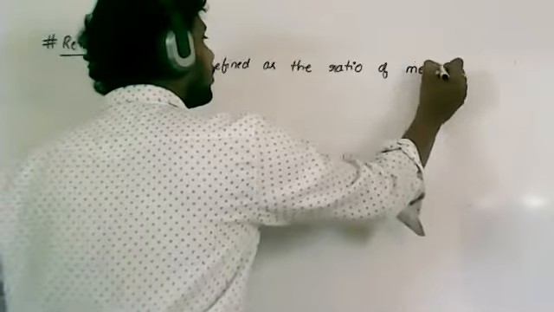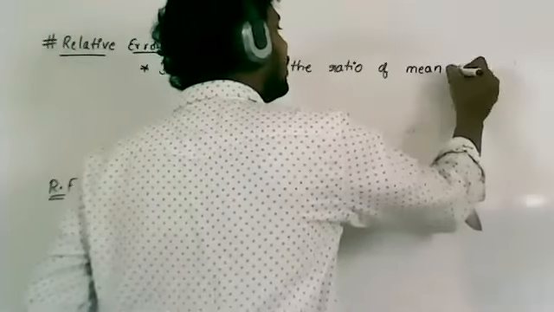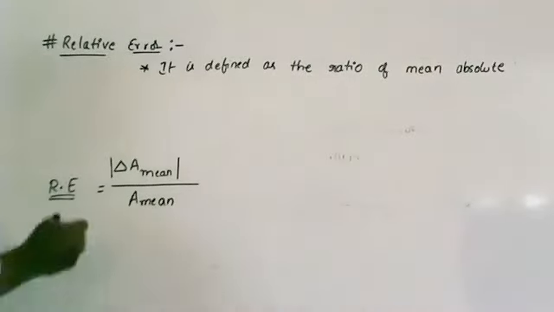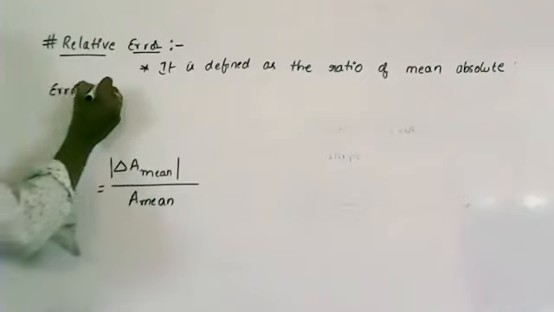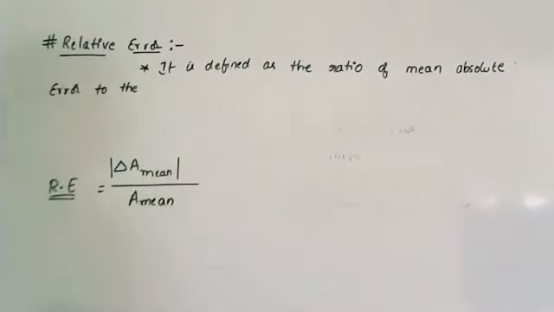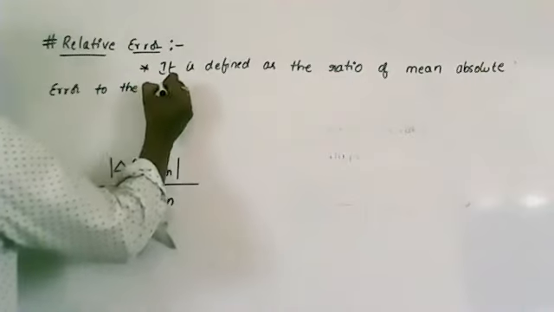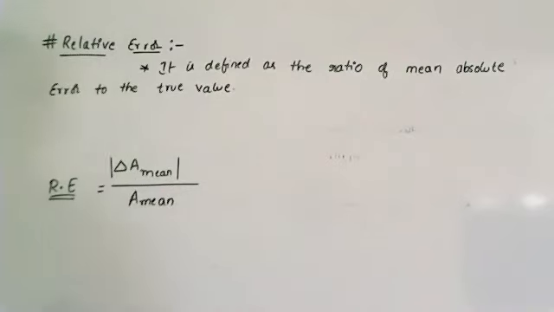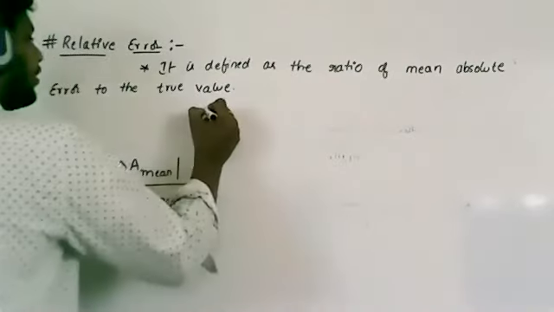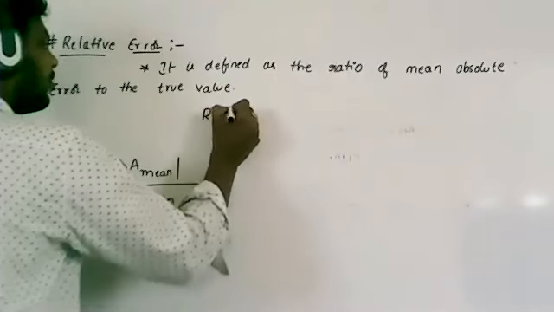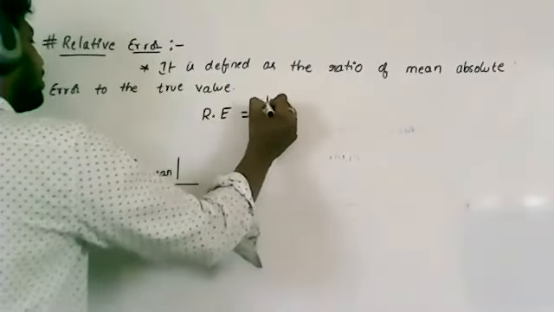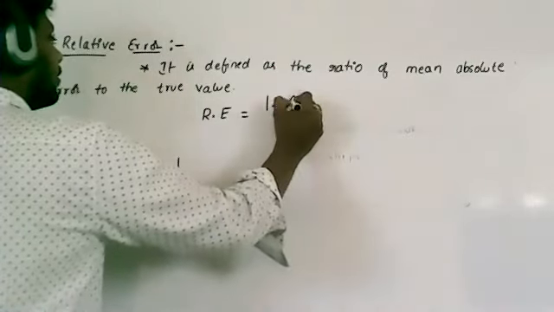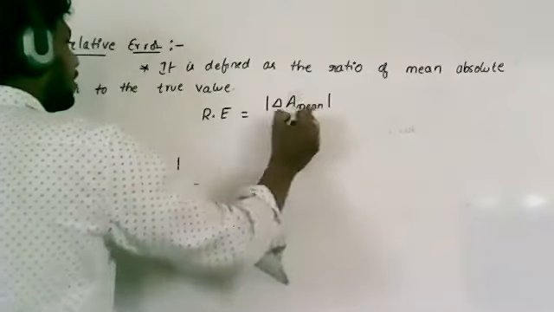That relative error, RE, is taken as delta A mean divided by A mean.